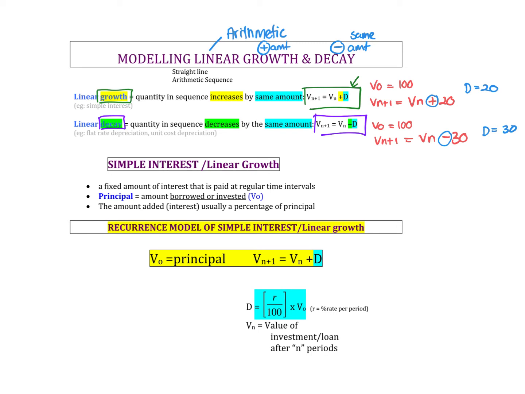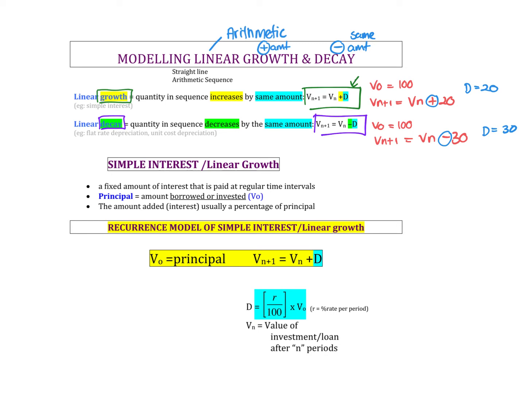So what's 20% of $100? 20. What's going to happen is simple interest is calculated on that initial value, the starting 100, and if we were going to get simple interest yearly, we're going to add $20 every year. It will always be $20. That's what simple interest is. It was calculated from that original amount, so it's always the same amount.